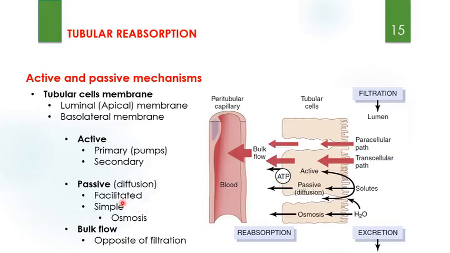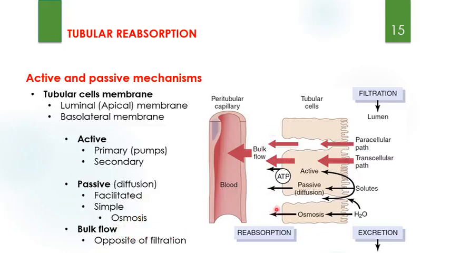The passive mechanism includes diffusion, simple diffusion or facilitated diffusion. Simple diffusion occurs for some substances and also for water, which is known as osmosis. And also bulk flow, which is the opposite of filtration.